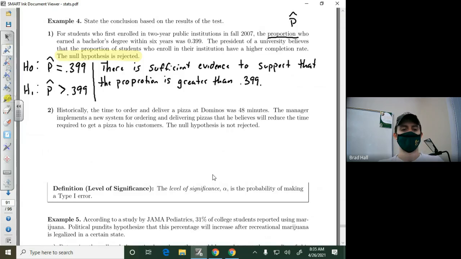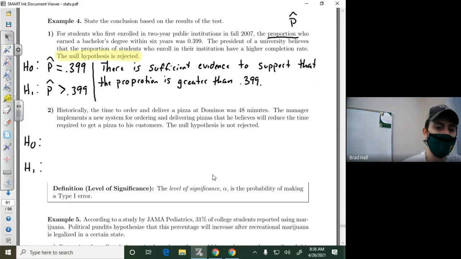Let's look at the second one. So the time to order and deliver a pizza is 48 minutes, and there's a new system to reduce the time. Well, the first question is, what's our parameter? The parameter is the mean. Definitely cannot be a proportion because there's no percentage, there's no ratio, and it's not standard deviation, it's the mean, the population mean.